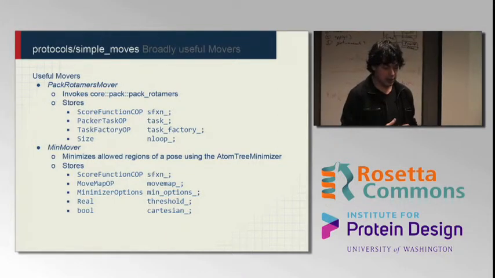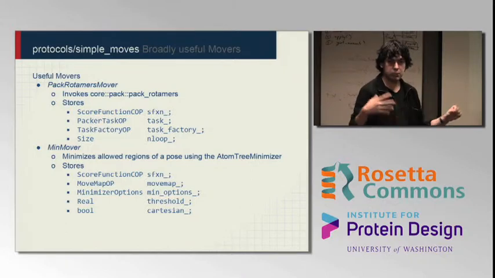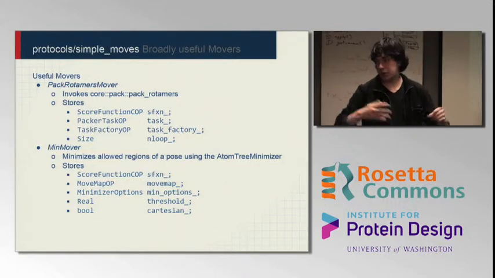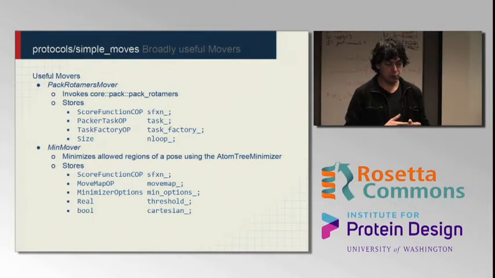It can take a move map that says which parts are allowed to move, and it takes minimizer options, which allow different ways of minimizing the protein. And it allows you to put in a specific score function, which will change the way in which the molecule minimizes, right? Essentially, these two operations should be enough to build almost any protocol.